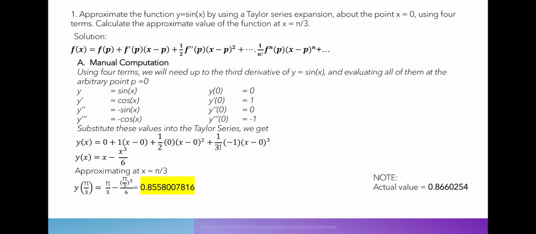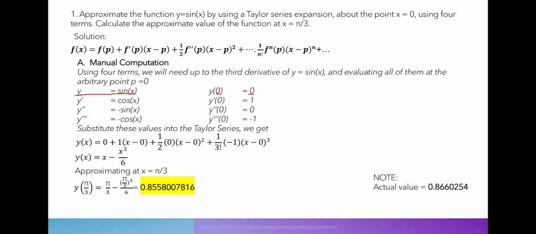Take note, using 4 terms, you will need up to the third derivative of y is equal to sine of x, evaluating all of them at the arbitrary point p is equal to 0. First we have our function, y is equal to sine of x. Evaluating at p is equal to 0, sine of 0 is equal to 0.